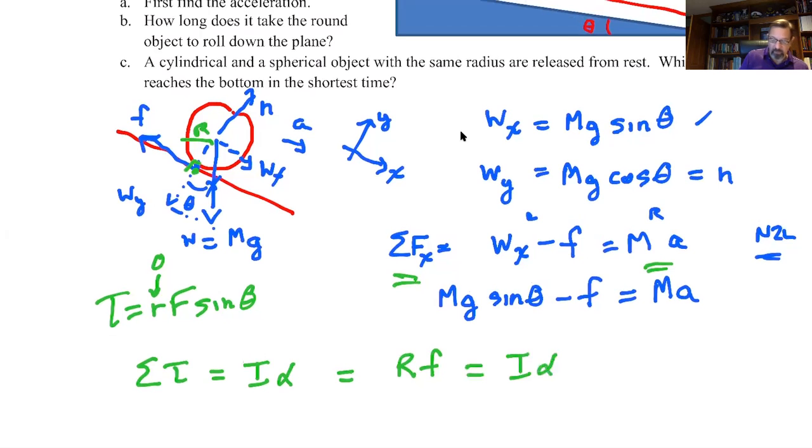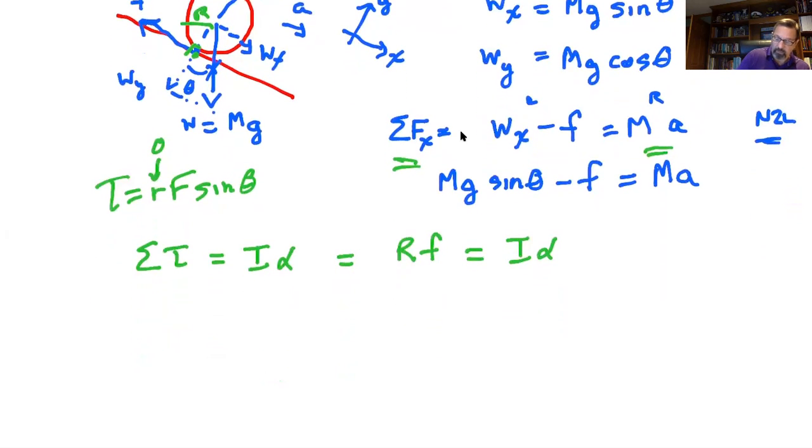times the angular acceleration. Now, there was a relationship that we discussed when we first started talking about rotational motion between that and that. In fact, we said that translational accelerations are equal to r, the radius, times the angular acceleration.